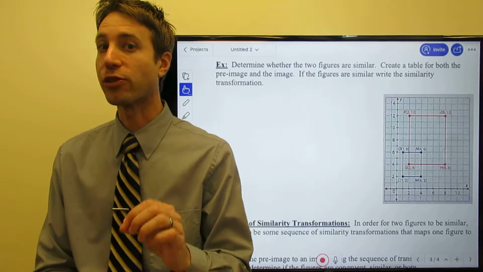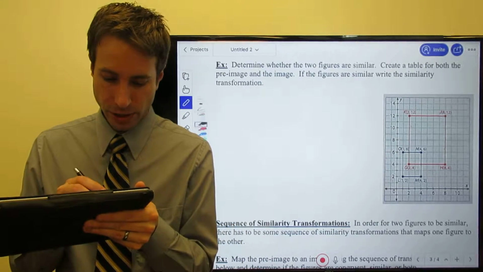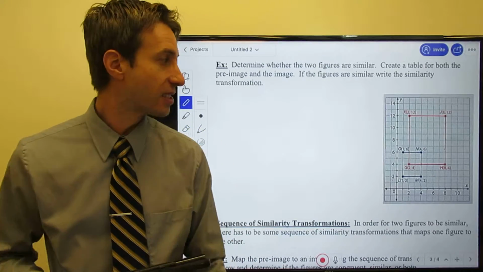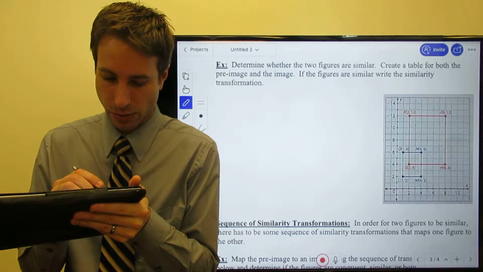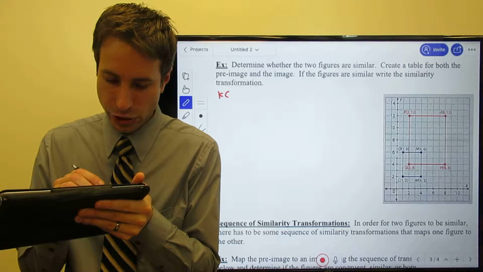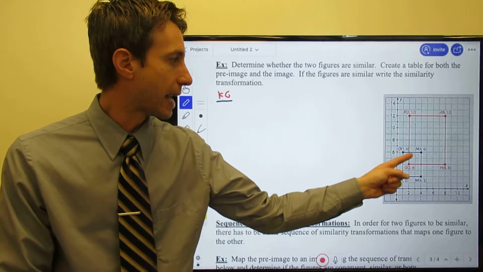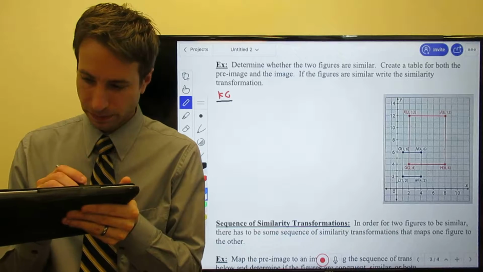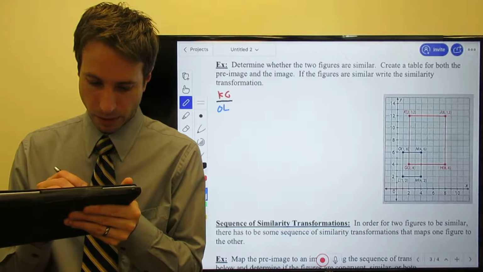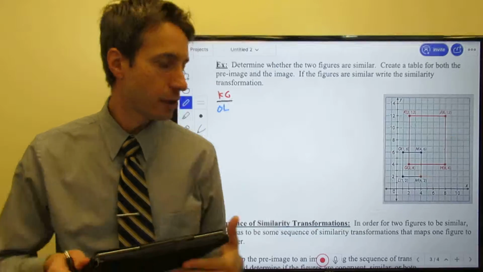Now remember, we're going to write the ratios of corresponding sides. So up first, side GK, or KG if you prefer, it doesn't really matter. KG divided by, what is the corresponding side? Well, KG corresponds with OL. Okay, the next one, KJ.